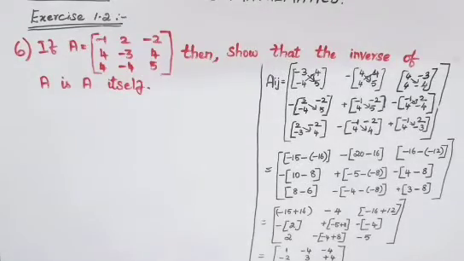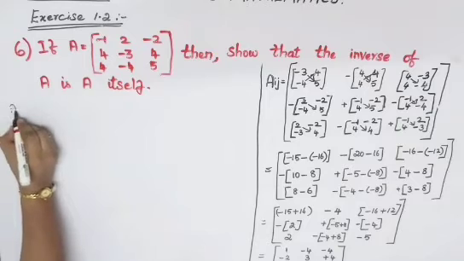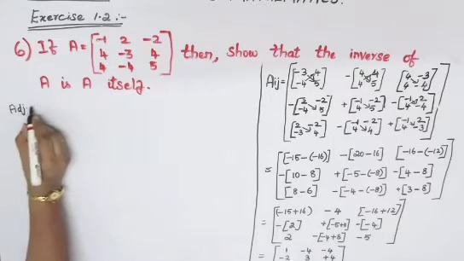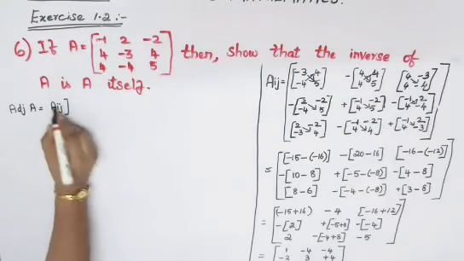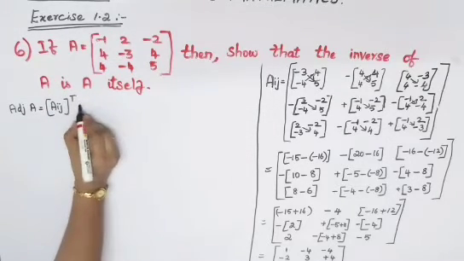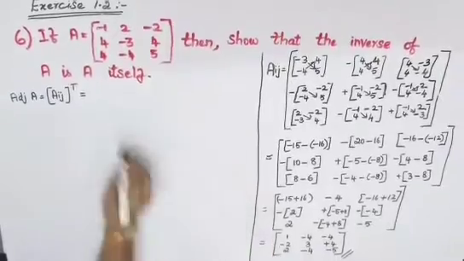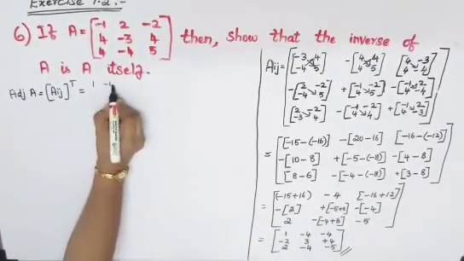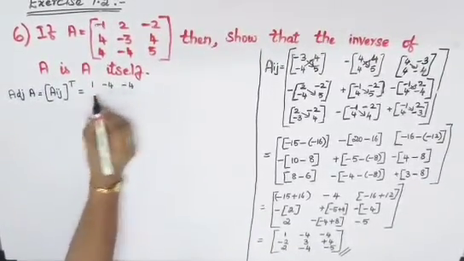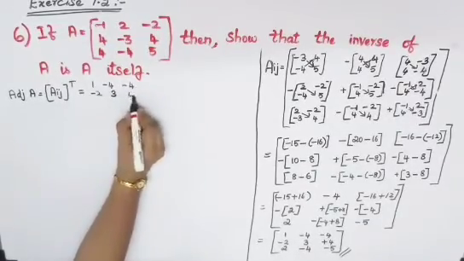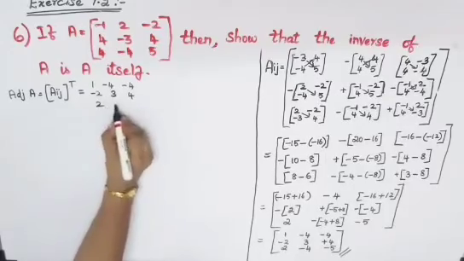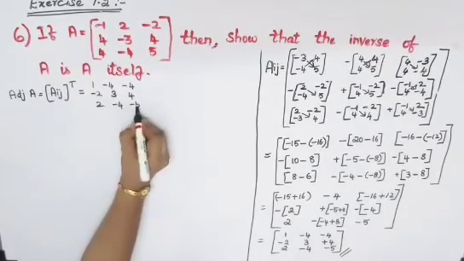So the adjoint of A is equal to Aij whole transpose. So that is equal to Aij, we have got it here, so 1 minus 4 minus 4, then minus 2, 3, 4, 2, minus 4, minus 5.